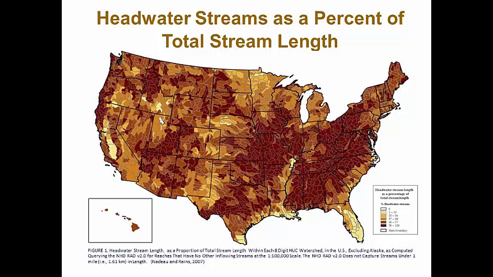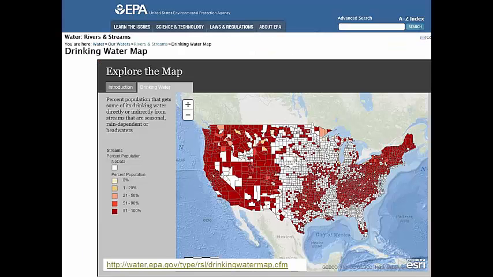This map does not capture streams under 1 mile in length and shows only reaches that have no other inflowing streams at the 1 to 100,000 scale. When viewing the map, the darker the color, the greater the percent of stream length that is made up of headwater streams. This drinking water map is from the EPA Geographic Information Systems.